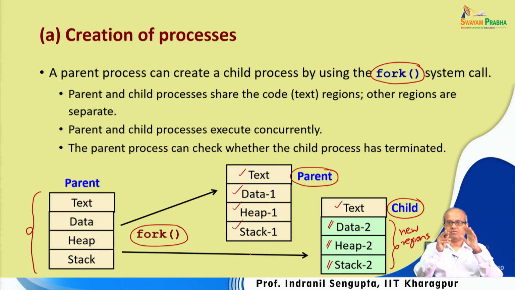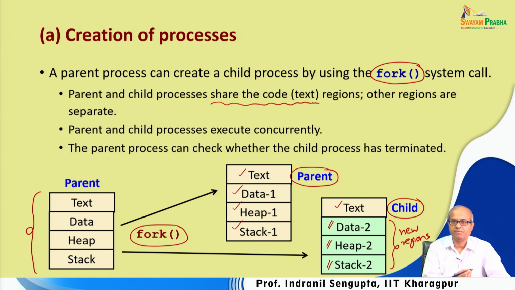So, a parent was running, a child gets created, only the text region is shared, it is not copied to a new region, but the other regions, data, heap and stack, become separate. So, now if the child process writes something into its data region, the parent process will not get affected, because now the regions are different in memory, right. So, what I mean to say is that the parent and child processes share the text region, which is the program code. The other regions are separate. This is the point to note.